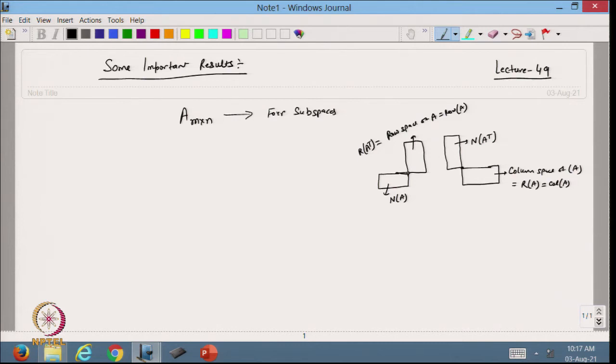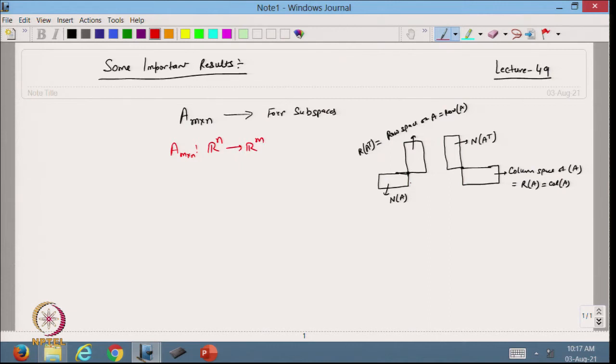So we are going to show that these subspaces are orthogonal to each other, and we are also showing here, because this matrix is of dimension m cross n, so it is a linear transformation from Rn to Rm.